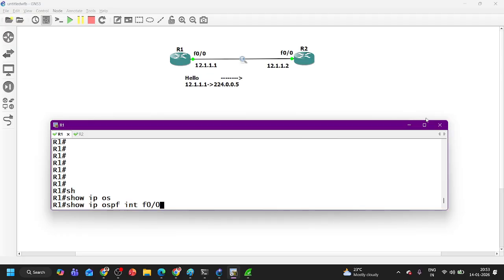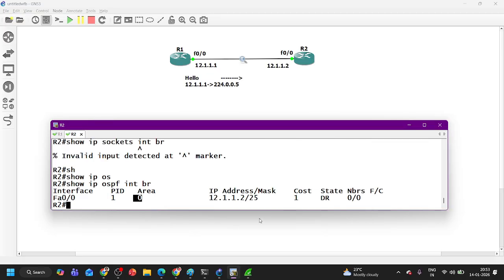Like it was already visible, when you typed it you saw /25. There was a /25 on the other side, and when you type show ip ospf interface brief, it shows the mask. You see /25, it's not the same, that's why neighborship is not there.